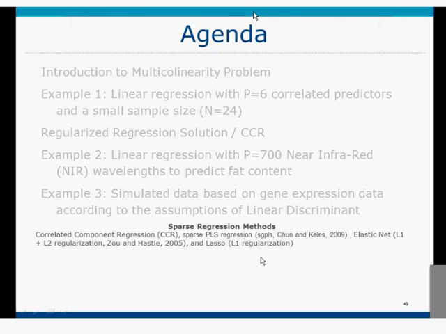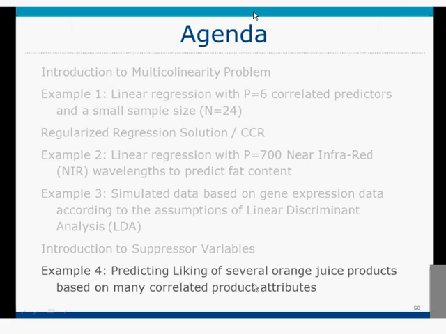Okay, so now we go into the final topic here, which is how about models where we have heterogeneity going on? In particular, we'll look at ratings of liking of several orange juice products based on many correlated product attributes.